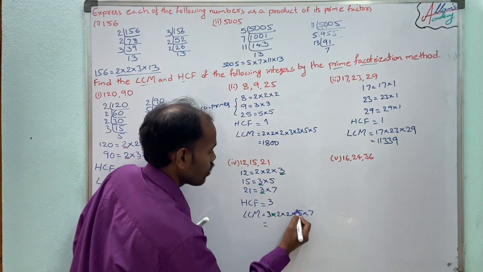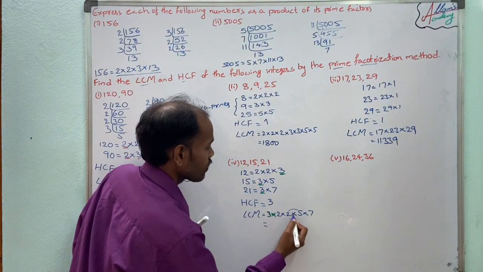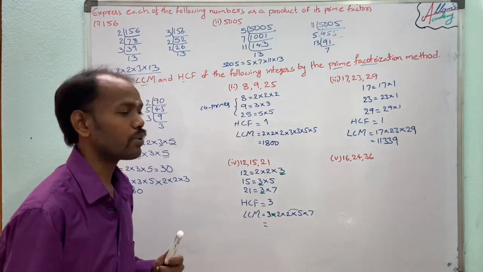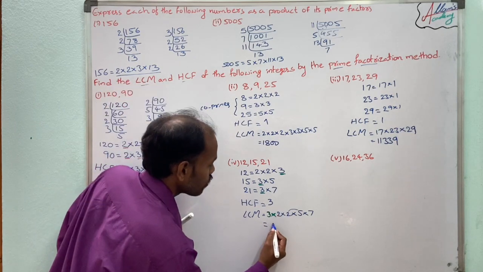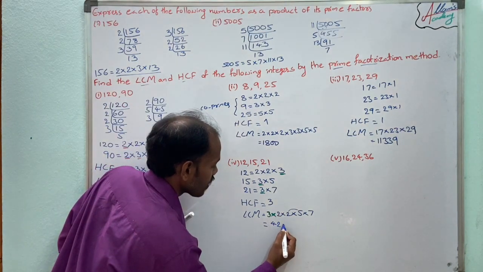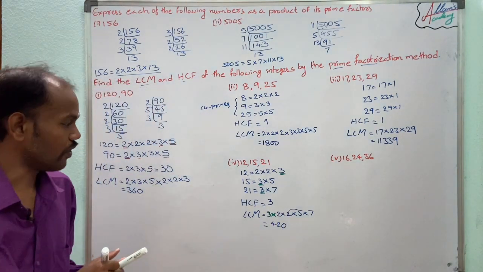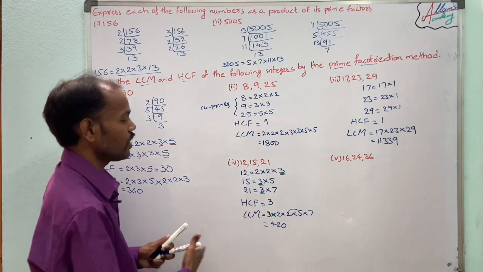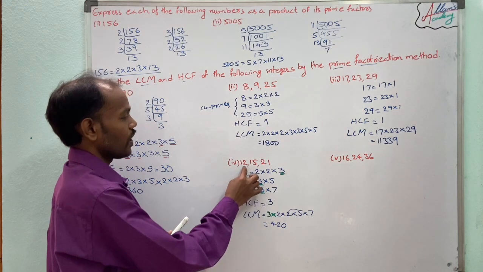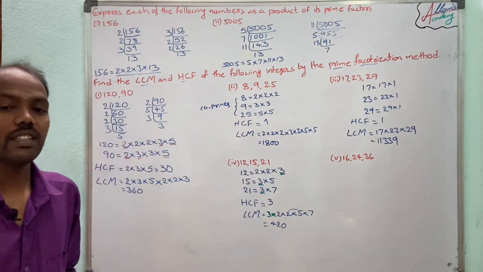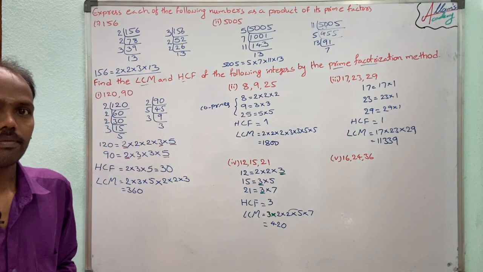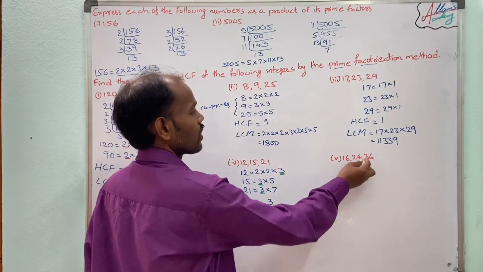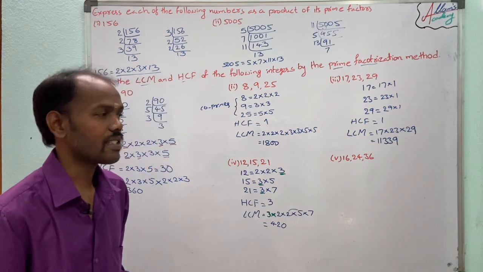So 2 5s are 10, 3 7s are 21, 10 into 21 is 210, into 2 is 420. So LCM of 12, 15 and 21 is 420, and HCF of 12, 15, 21 is 3. Okay, now we see the prime factorization of 16, 24 and 36.